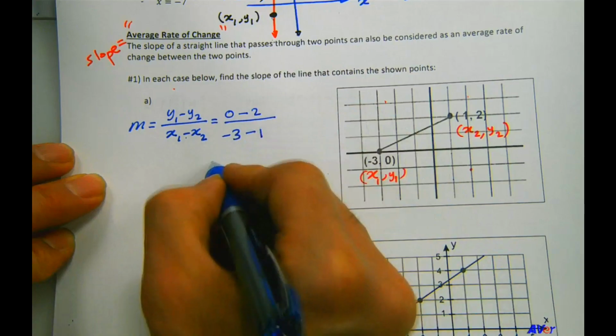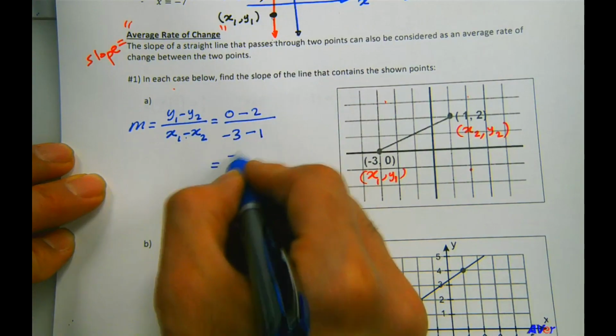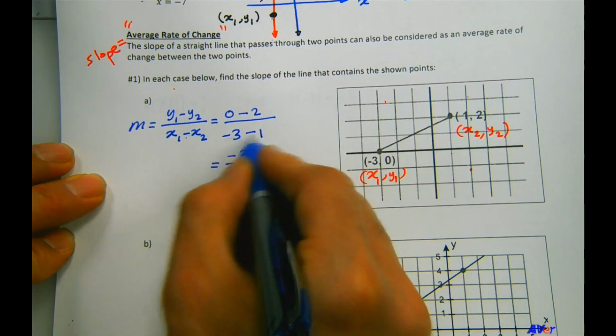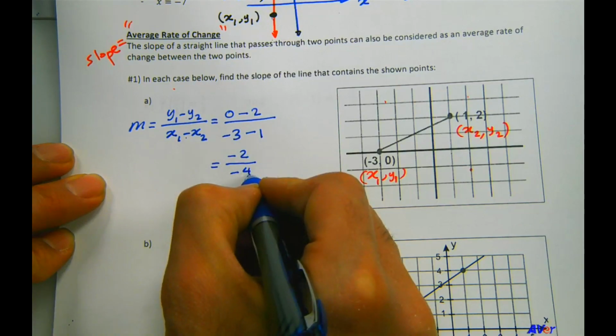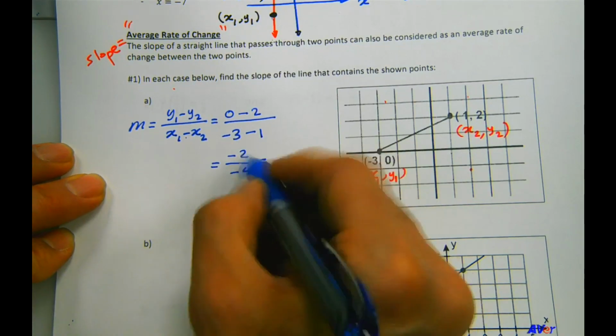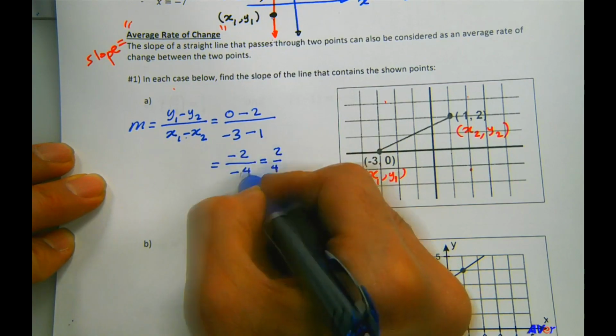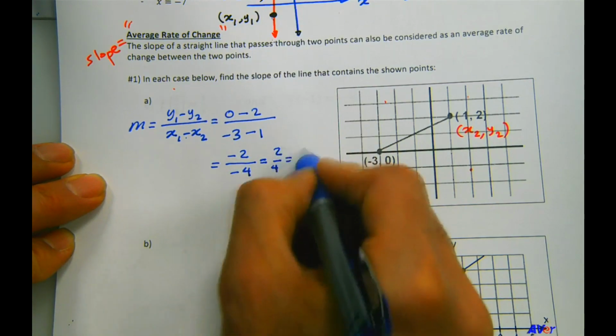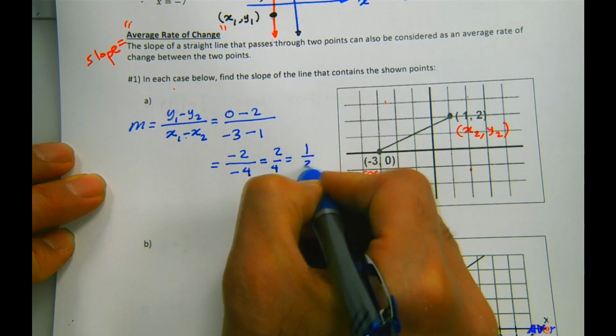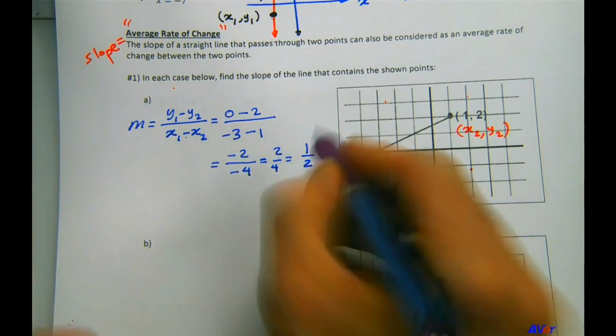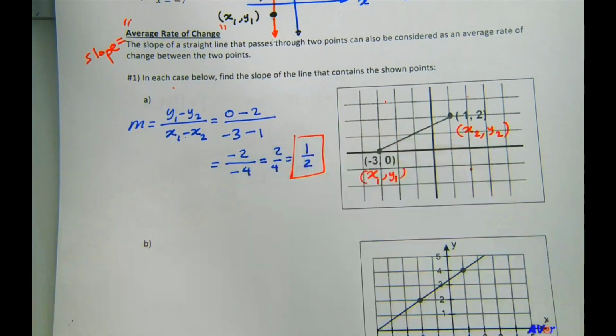So what do we get? We get -2 in the numerator, -4 in the denominator, which simplifies to positive 2 over 4 because minus divided by minus is positive, and 2 over 4 simplifies to 1/2. Okay, so that's the slope of that line.